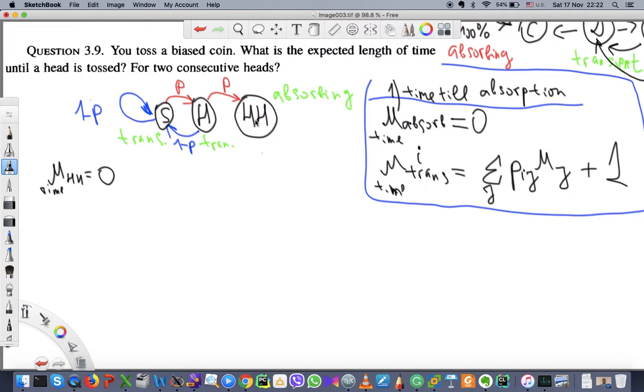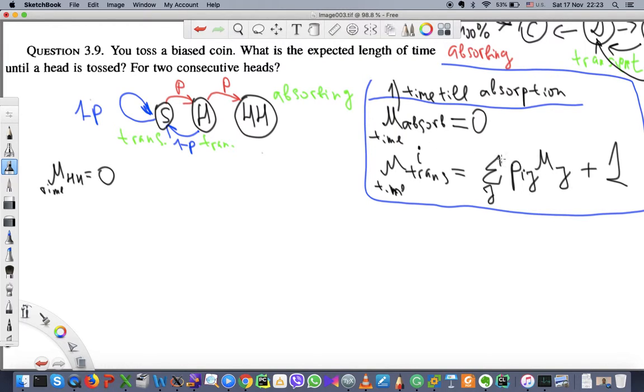How many more steps do you need to get from HH to HH? Well, you're already at HH, so it's 0. Just to check, do we have any other absorbing states? No.